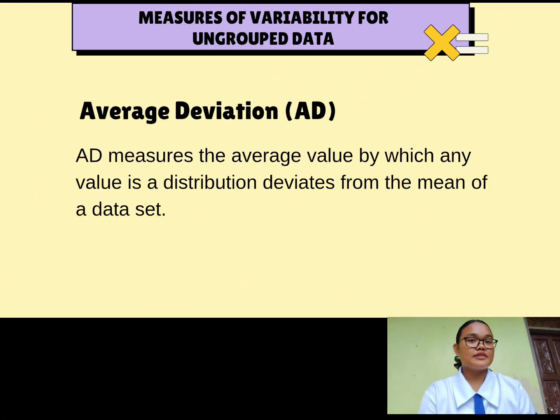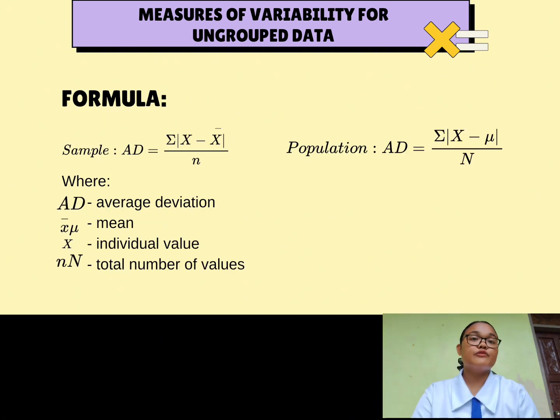The next one is the average deviation, or the AD. It measures the average value by which any value in a distribution deviates from the mean of a data set. Here is the formula for the average deviation. For the sample, AD is equal to the summation of the absolute value of x minus x bar over n.